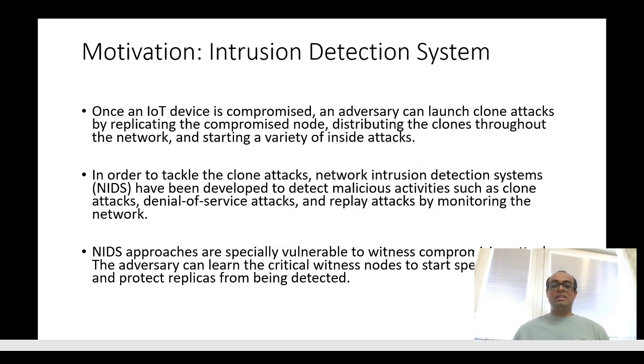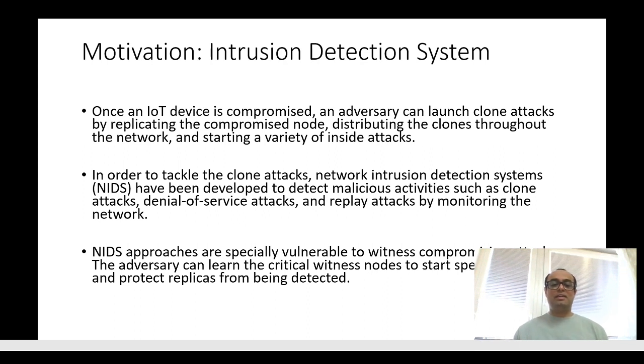Once an IoT device is compromised, an adversary can launch clone attacks by replicating the compromised node, distributing the clones throughout the network, and starting a variety of inside attacks. In order to tackle the clone attacks, network intrusion detection systems have been developed to detect malicious activities such as clone attacks, denial of service attacks, and replay attacks by monitoring the network.